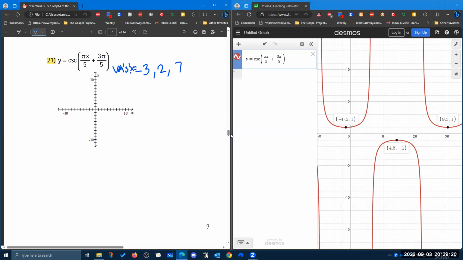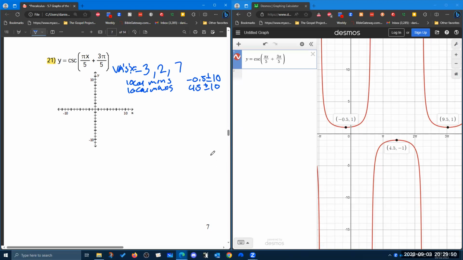X equals, and then we have local mins at negative 0.5 plus or minus 10. And we have local maxes at 4.5 plus or minus 10.